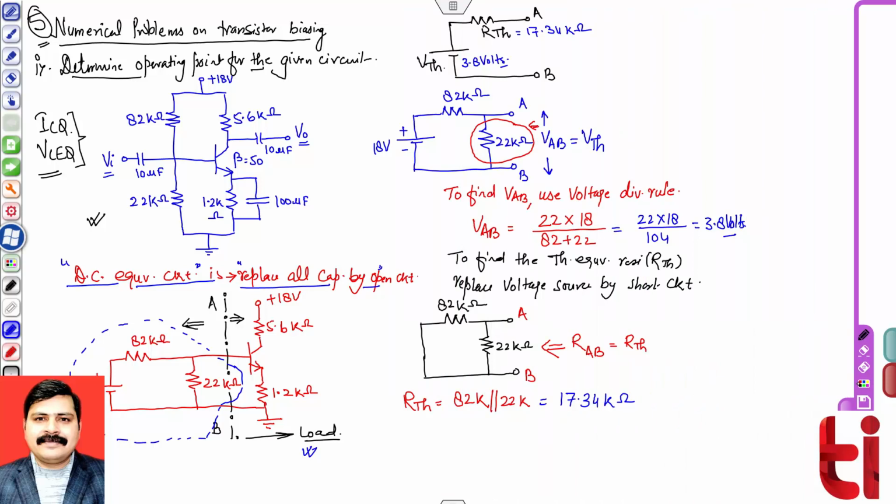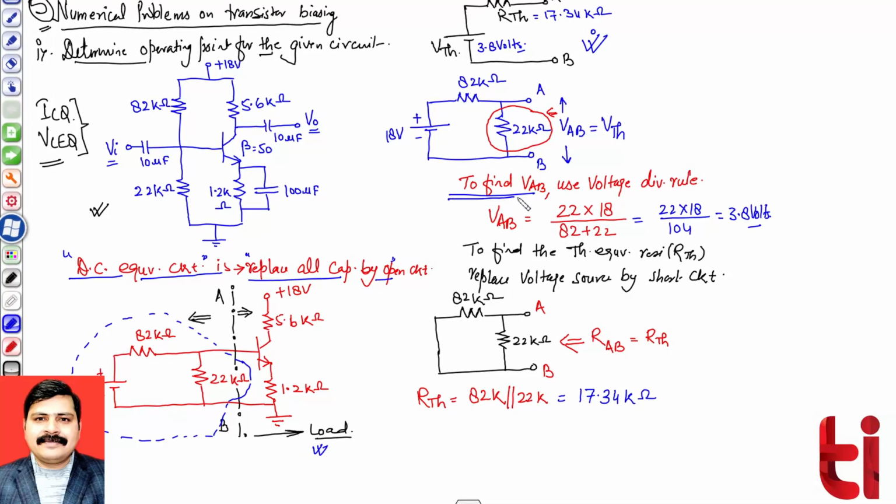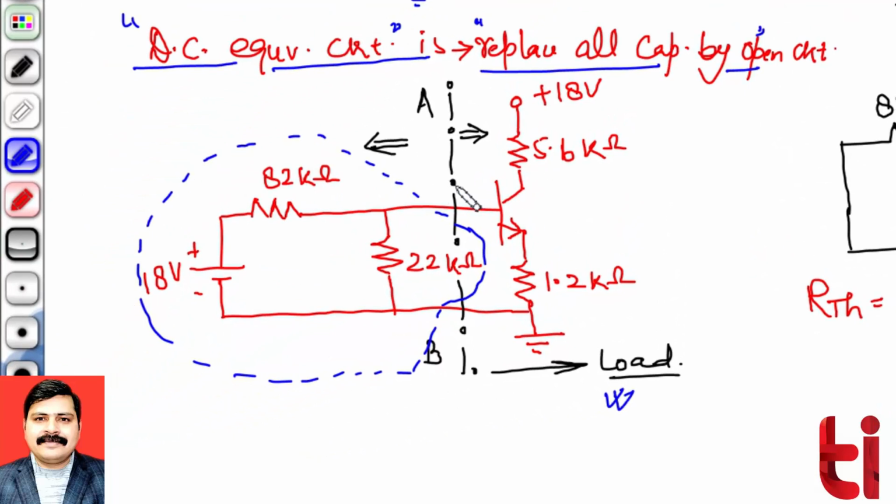This will be the final network. There are two terms which we need to determine. The first thing is to find the voltage across the open circuit terminal. Temporarily we remove the load, and the voltage across the open circuit terminal means we have to find the voltage across this 22 kilo ohm resistance.